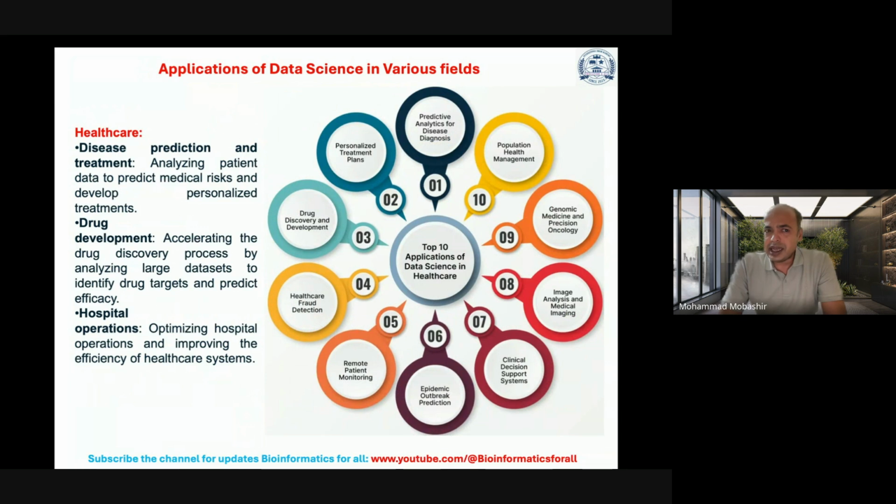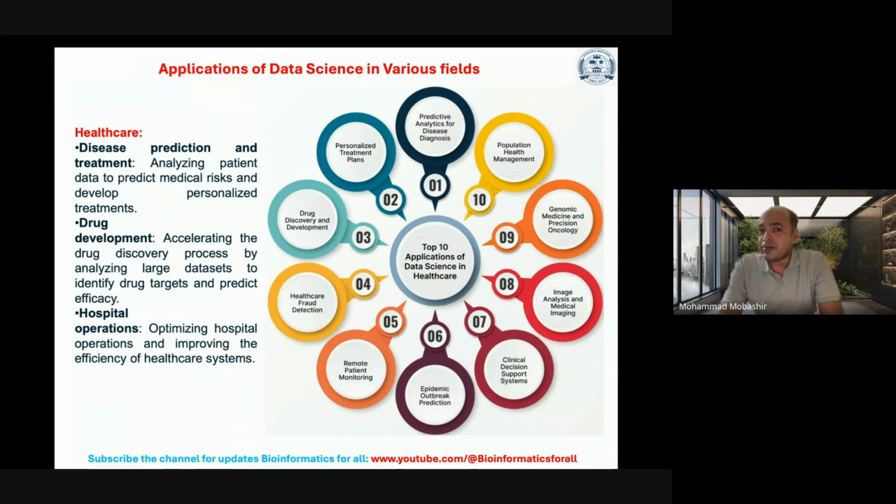So healthcare, of course, there is vast application of data science, but the major fields I'm going to discuss are disease prediction and treatment, analyzing patient data to predict medical risks and develop personalized treatments. Second thing is drug development, accelerating the drug discovery process by analyzing large data sets to identify drug targets and predict efficacy. Then hospital operations, optimizing hospital operations and improving the efficiency of healthcare systems.